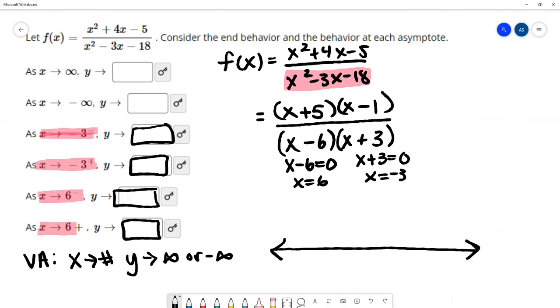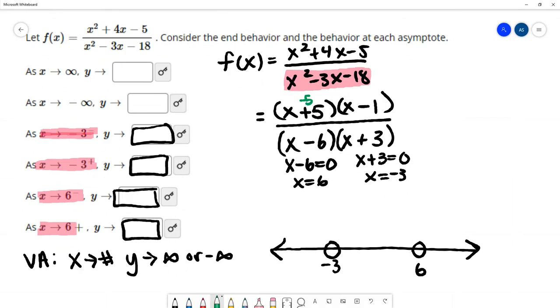So with my number line, I'm going to put my vertical asymptotes on the number line, negative 3. I'm putting it as an open circle because of that being a vertical asymptote, and then 6 as well. And I think it might also be helpful to put in my x-intercepts.